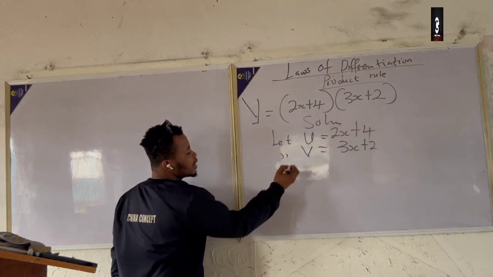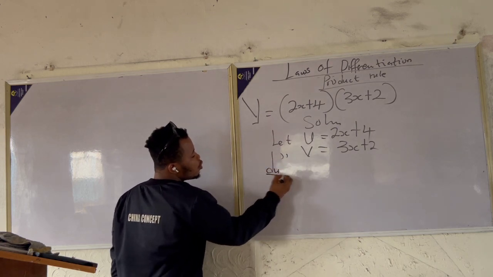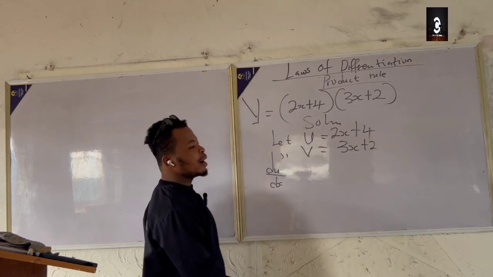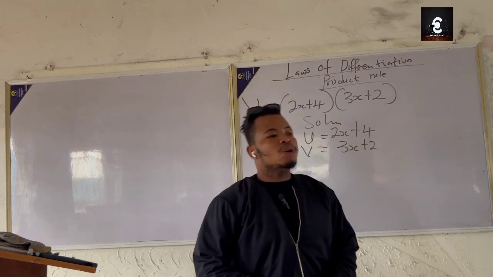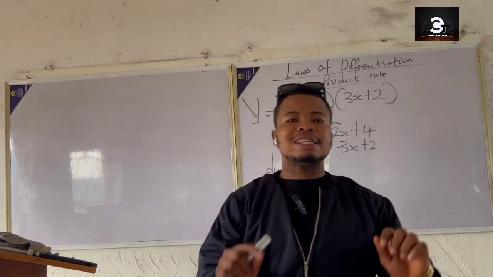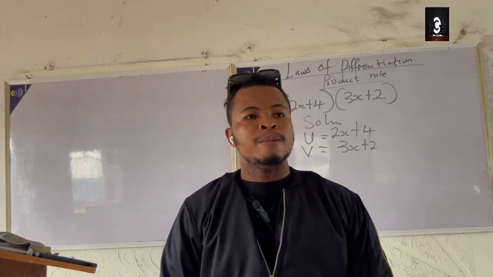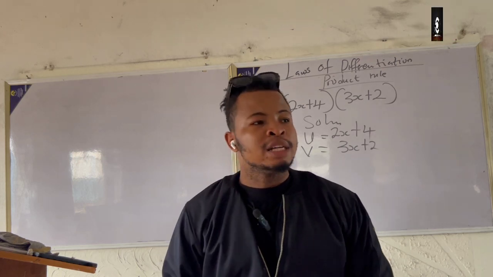So I want to differentiate u, that is du over dx. I want to find changes in u with respect to x. Remember, in my previous video, I told us that differentiating a constant is 0. What is a constant? A number that does not have a variable. So differentiating this constant is 0.